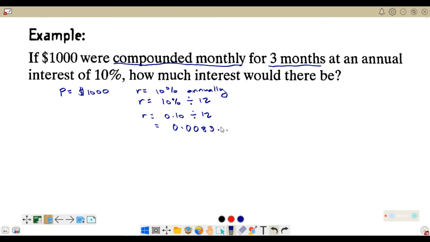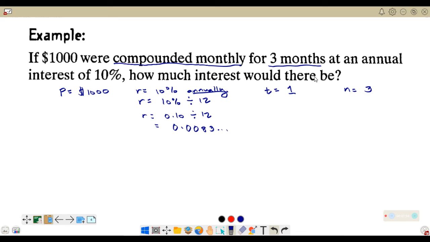Lagi lang siyang 3. So, this is our monthly rate. Okay? And then, our time, syempre, ay annual pa rin siya. So, that is 1. But, our N will be different because our N is just for 3 months. Ang compounding period natin ay for 3 months lang.